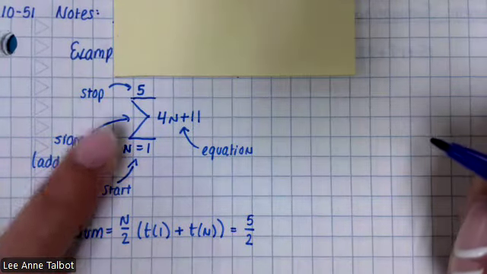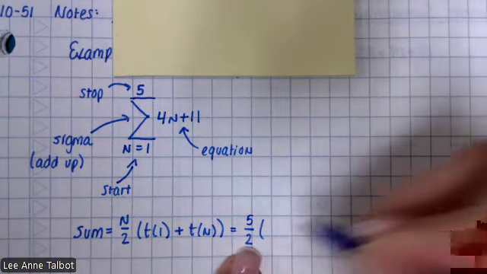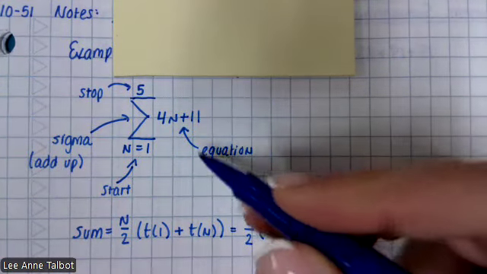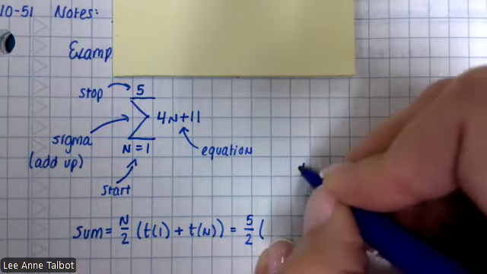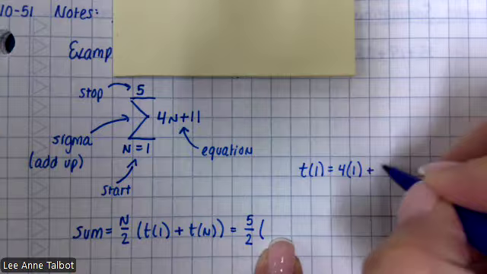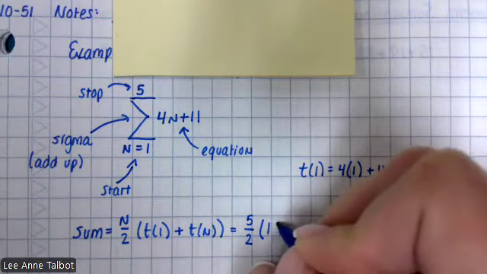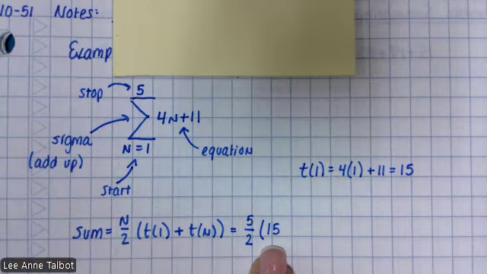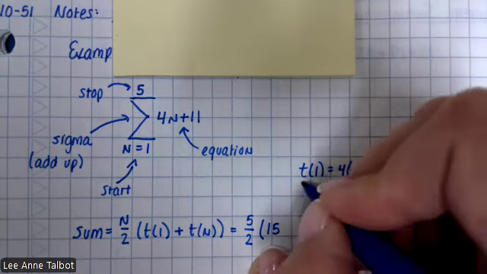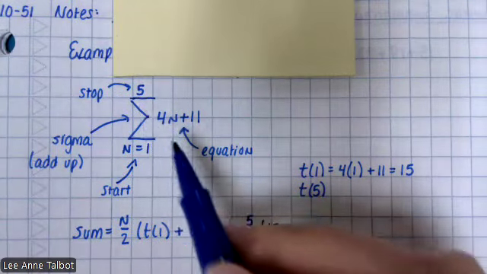So starting at the first term, ending at the 5th term, I know there's 5 terms. And I can get the first term by plugging in 1 into the equation. I can get the last term by plugging in 5 into the equation. So plug in the bottom thing, plug in the top thing.